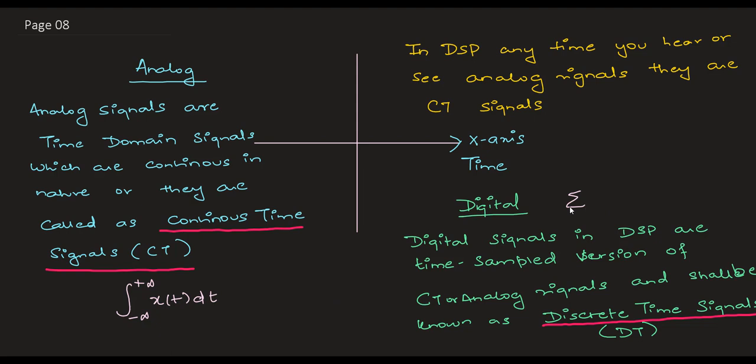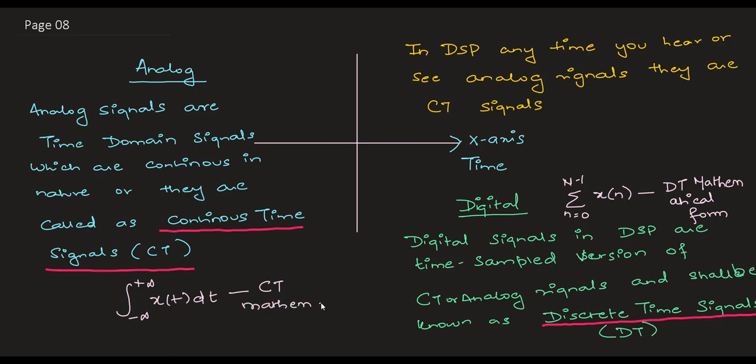So for the representation, we'll just write two equations today, because DSP without equations feels totally incomplete. The first one is the integral from minus infinity to plus infinity of x of t dt. That is your CT signal, CT mathematics.